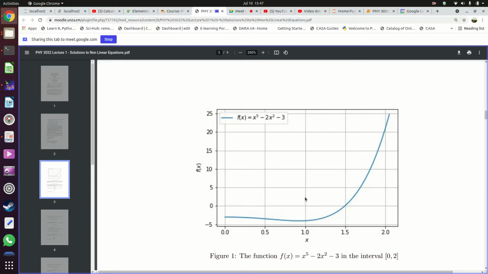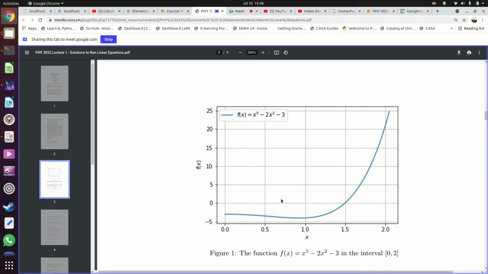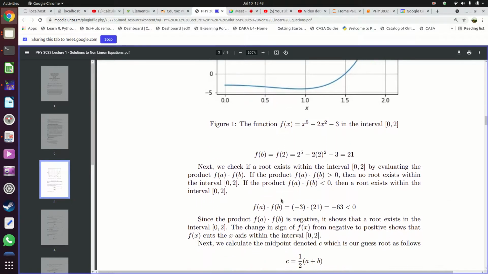So once our lower boundary becomes 1, we are going to have a new bracket 1 and 2, and then we'll repeat the process again. So let's see how we do the process.